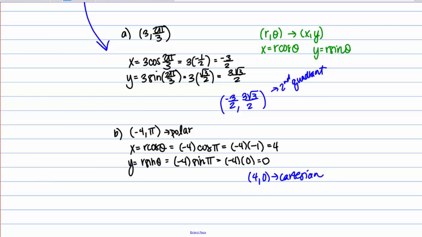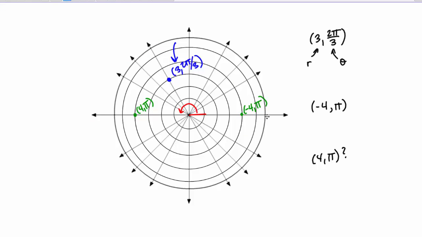So that's pretty easy to check. If we go back and look at what we graphed before, here was our point in polar coordinates, -4, pi, and it definitely looks like that agrees with the Cartesian coordinates 4, 0.